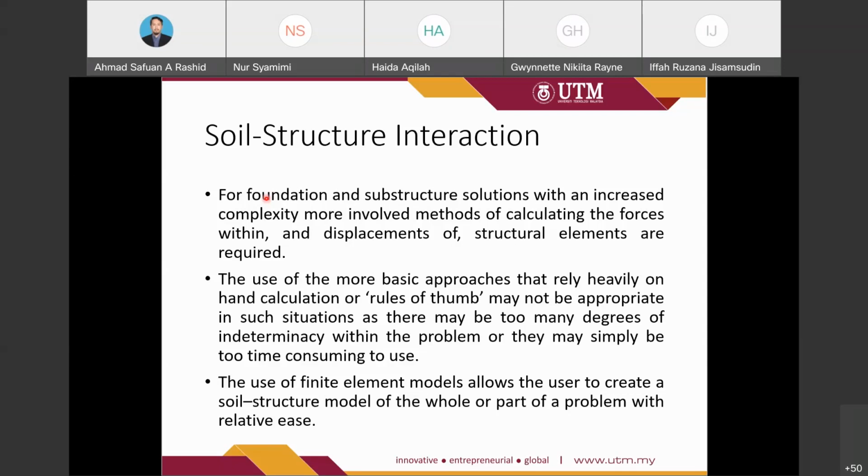The use of a finite element model allows the user to create a soil-structure model of the whole or part of a problem with relative ease.